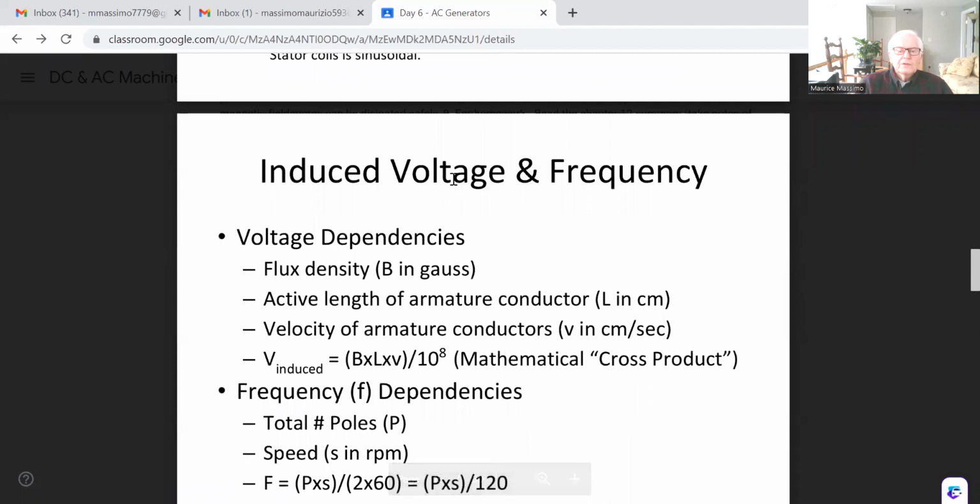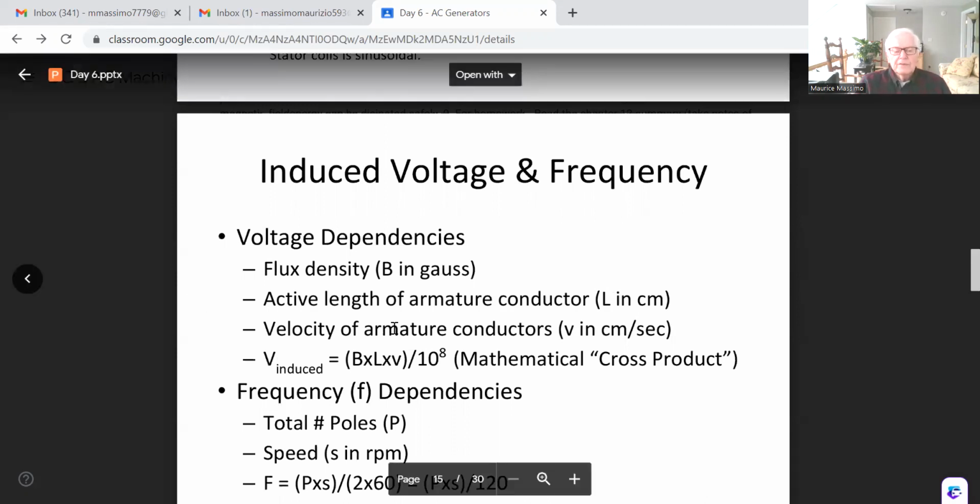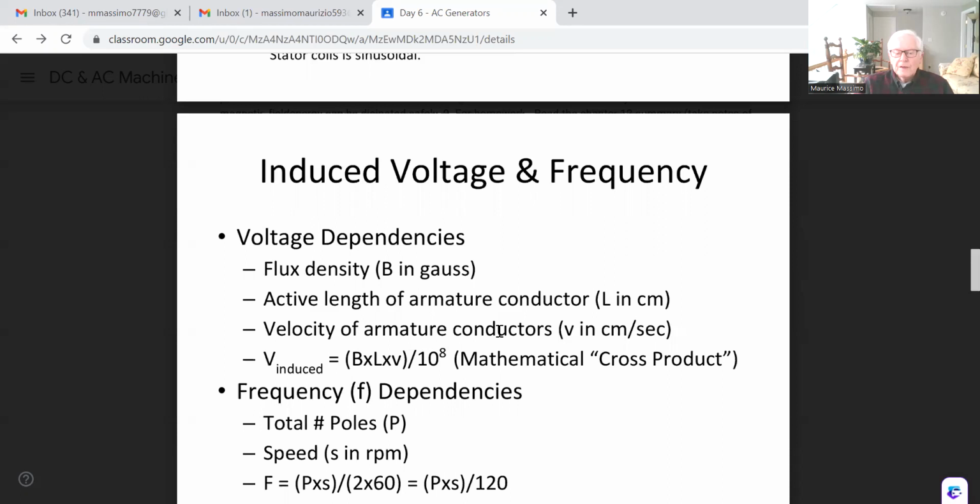So the induced voltage depends mainly on the flux density, B, measured in Gauss, through an active length of the armature conductor, which is measured in centimeters. We also have to consider the velocity of the armature conductors, measured in centimeters per second.